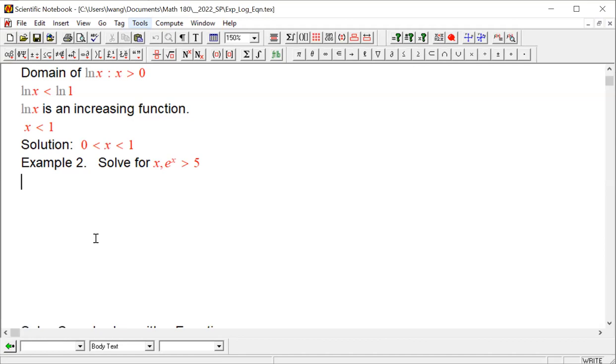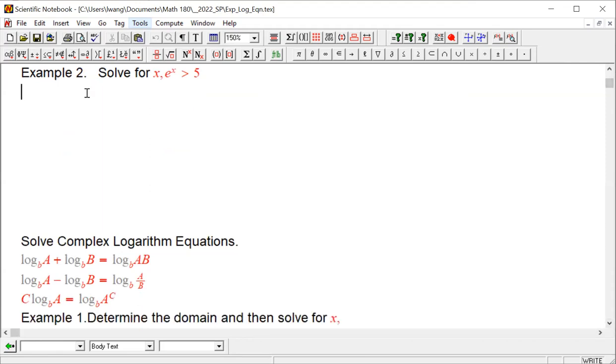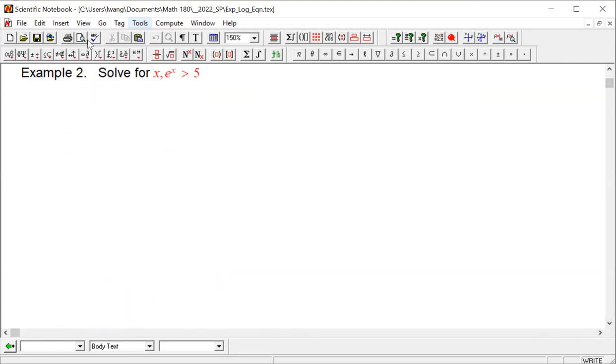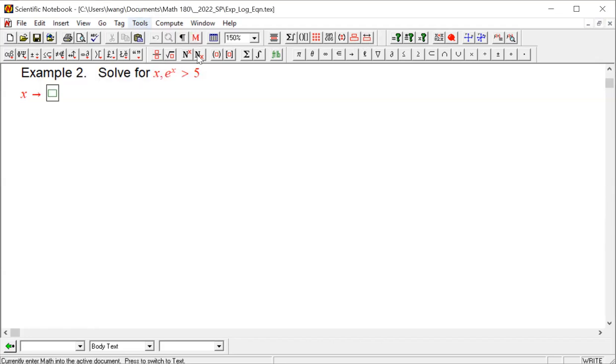So we want e to the power x to be larger than 5. In other words, if you look at e to the power x as a function, this function takes input, which can be any real number. The rule of the function is the input will be used as a power of e, produces output, and we want the output to be larger than 5.